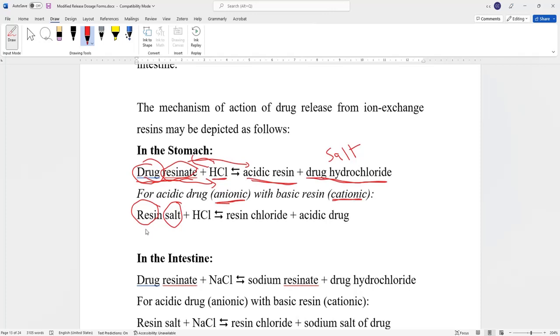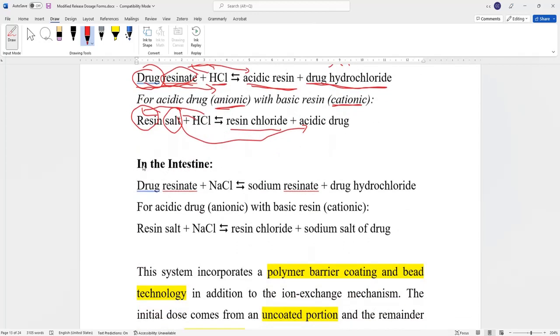So drug salt, and the drug salt is acidic. So what is going to happen? The drug will take H and will return to acidic drug, while the resin will take Cl and become resin chloride.